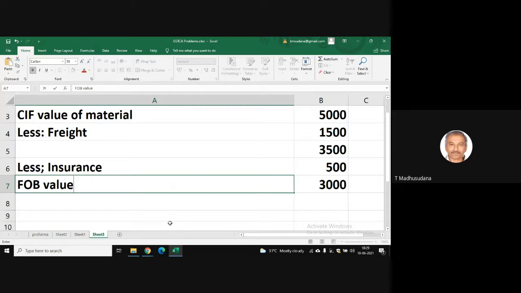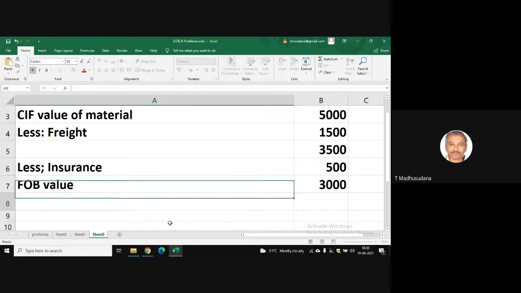But here the importer has purchased at CIF value. Therefore, we have to find out the FOB value, so freight and insurance both are to be deducted from the CIF value. Then you will get the FOB value. Now, the freight and insurance values are to be added to this figure so that the CIF value as per customs will be arrived at.